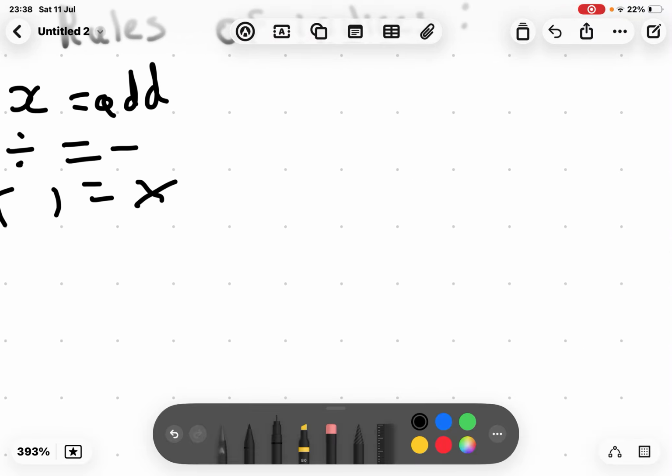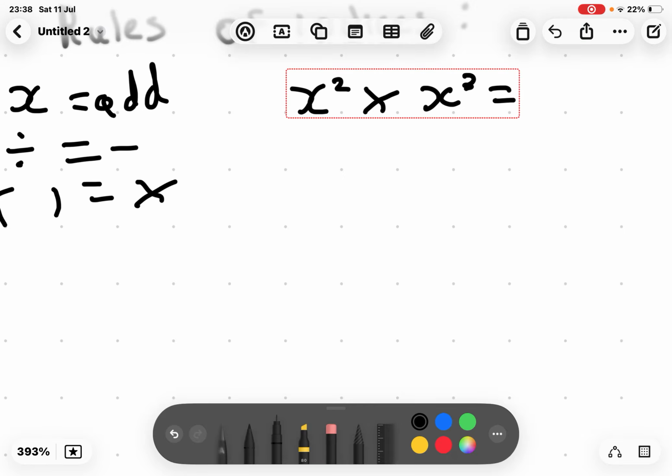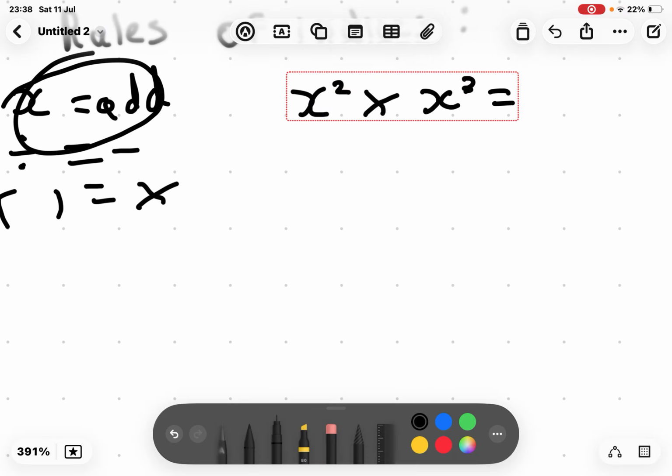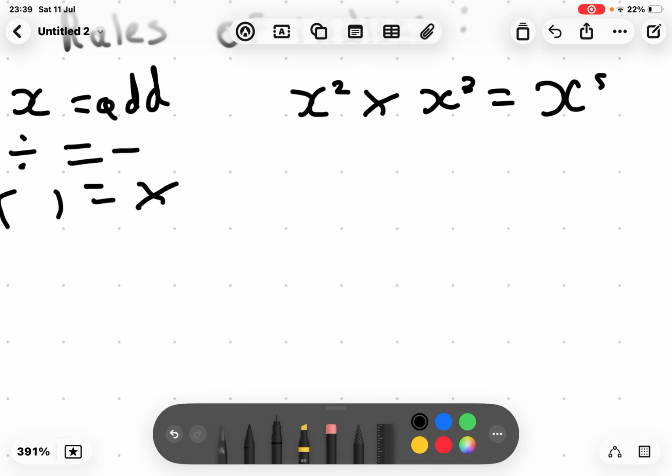So the first question is we're going to do an introduction. As we know, times, add these two. 5, because this is an invisible one.